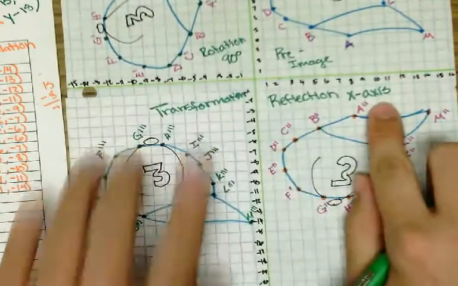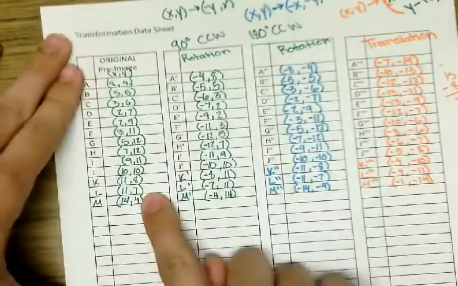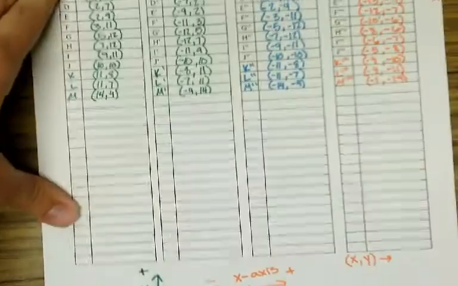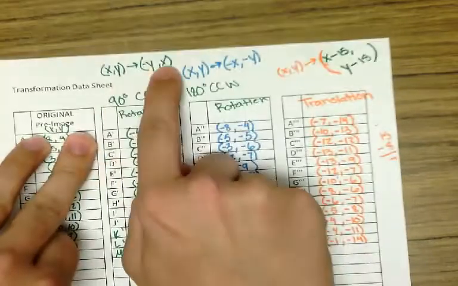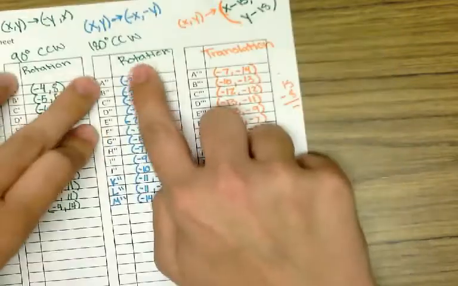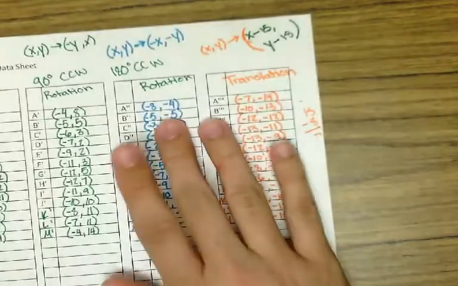So again, your data sheet should look like this. You should have your pre-image, all of your points labeled, okay? No type of formula on this one, okay? On this one, rotation, put what kind of rotation you did, label all your points, and your formula, okay? One of these should say reflection, okay?